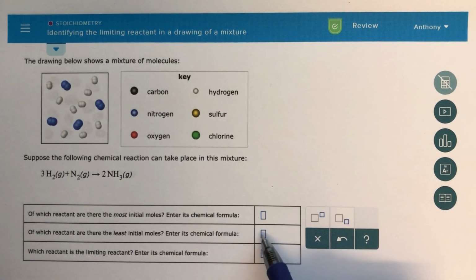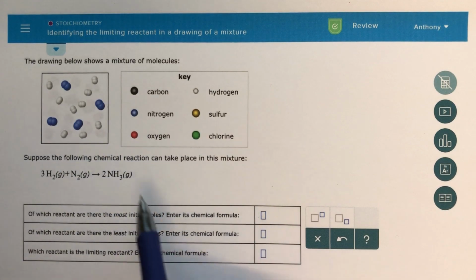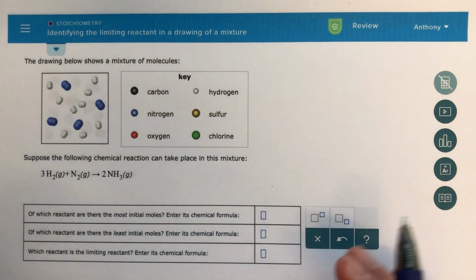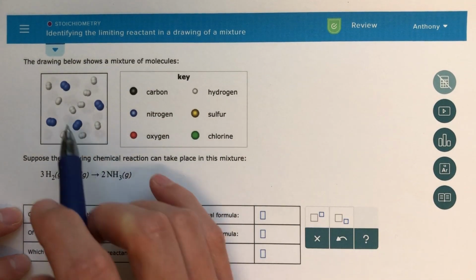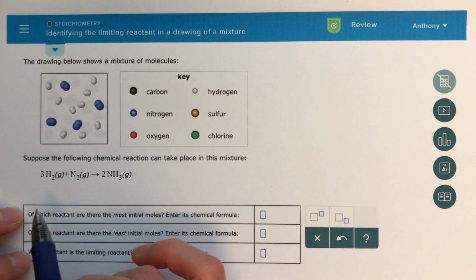So the first two questions are really based off of this box here. They're asking us, based off of this box and this chemical reaction, what's going on. So the first two questions, it really is as simple as counting how many of each molecule we end up having.